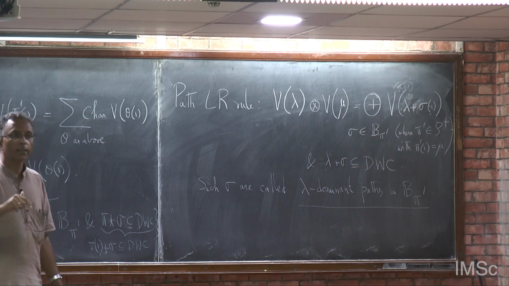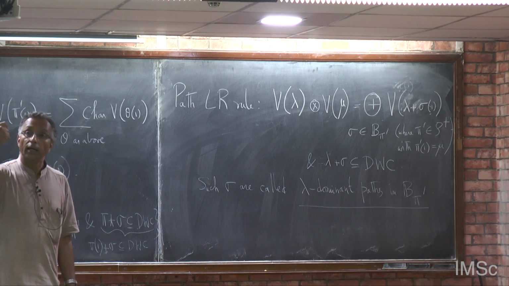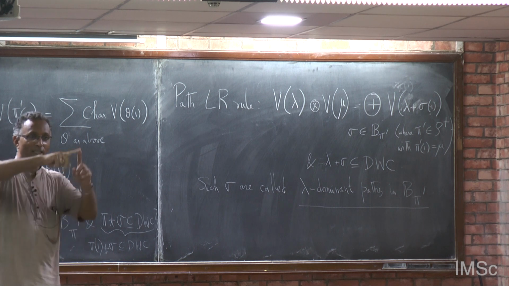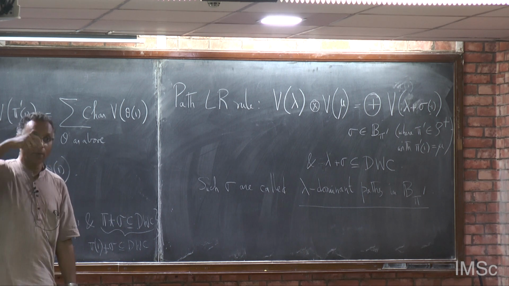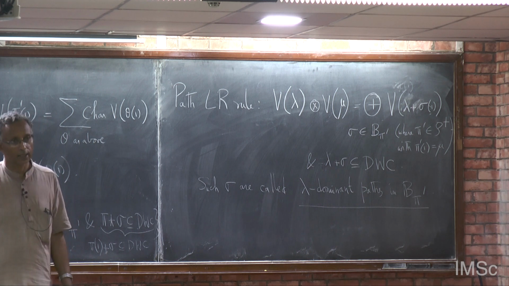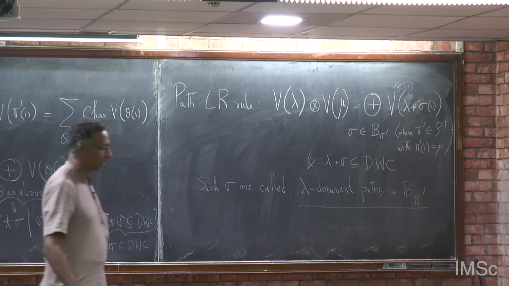By shape of path, I mean just the end point. So think of a tableau. The shape of a tableau is just the partition which represents the highest weight. Okay, so it comes from that line, it's an extension of that.